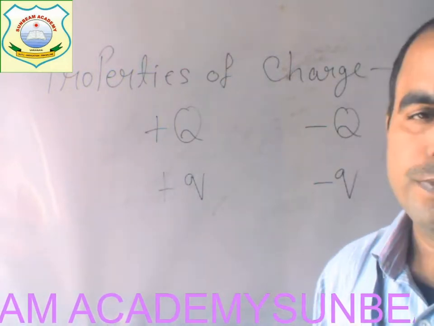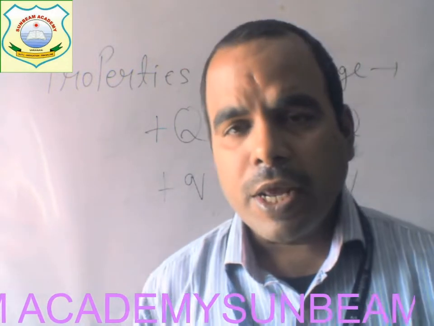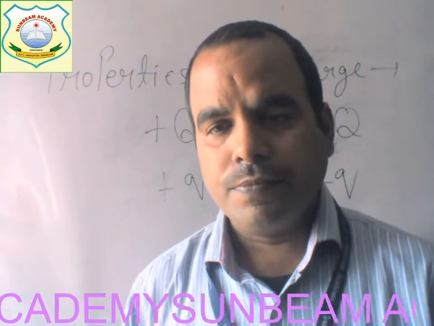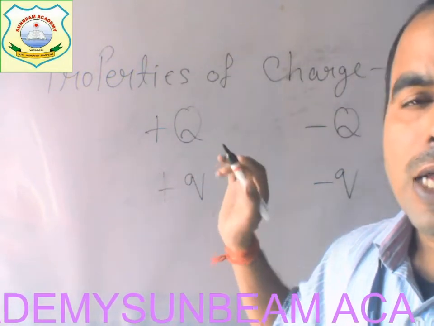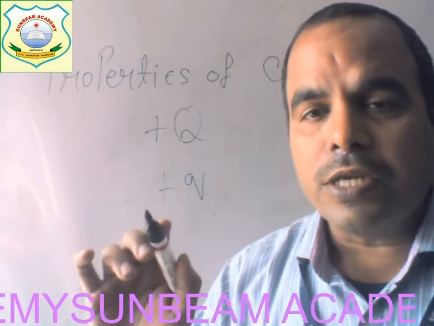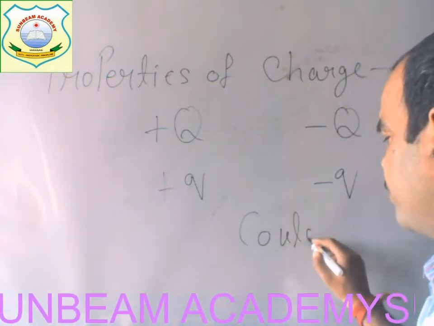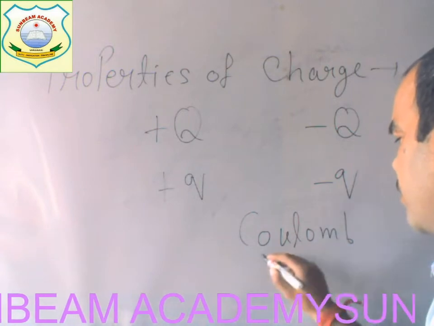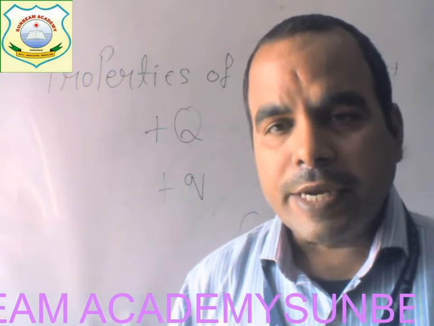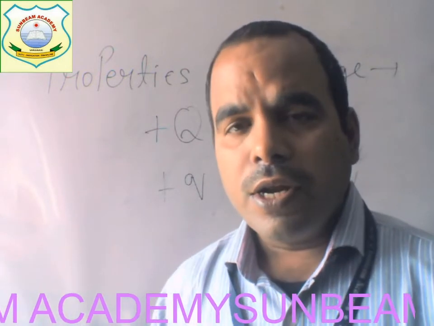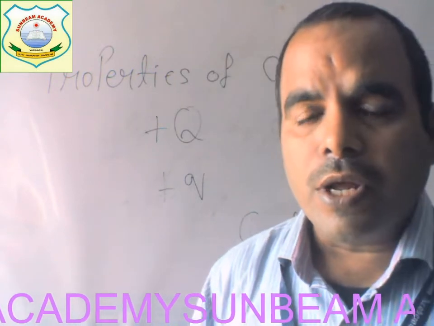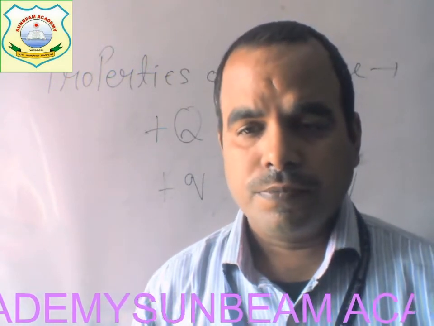Any symbol, it does not matter much. And the unit of the charge is coulomb. It is the name of a scientist you will read about in detail in 10th class.